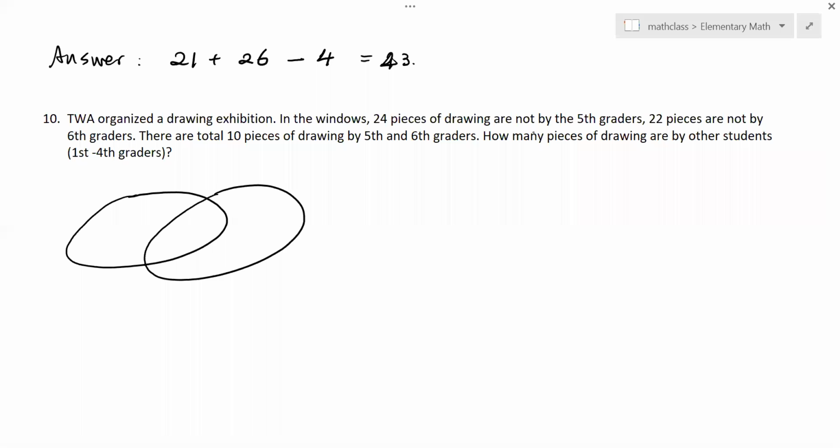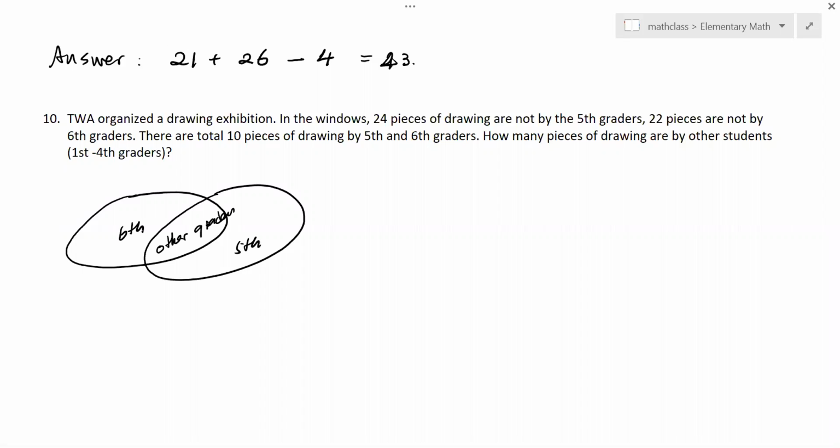That means this is the group of the other graders. So this side is actually the fifth graders, and this is the sixth graders, if you use this picture.